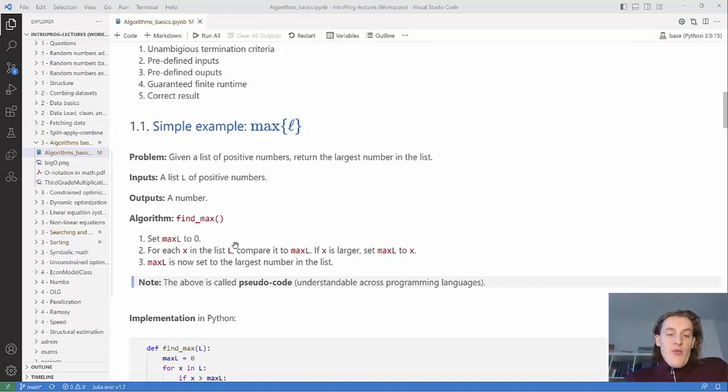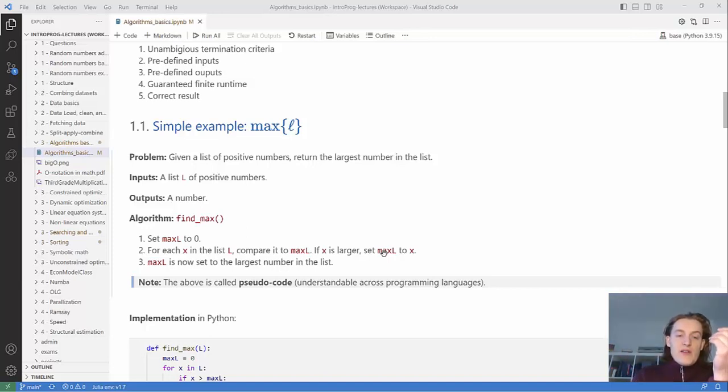You define a variable called maxL and set it to 0, and then you loop through all the elements in the list and compare each element to maxL. If the element x is larger than maxL, then you override maxL and set it to x. Once you've done that for all the elements in the list, then you know that the number you have defined as maxL is now the largest number in the list.